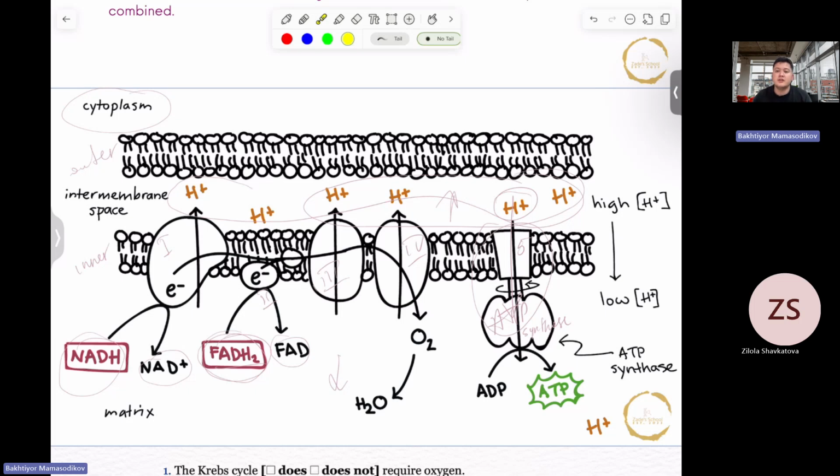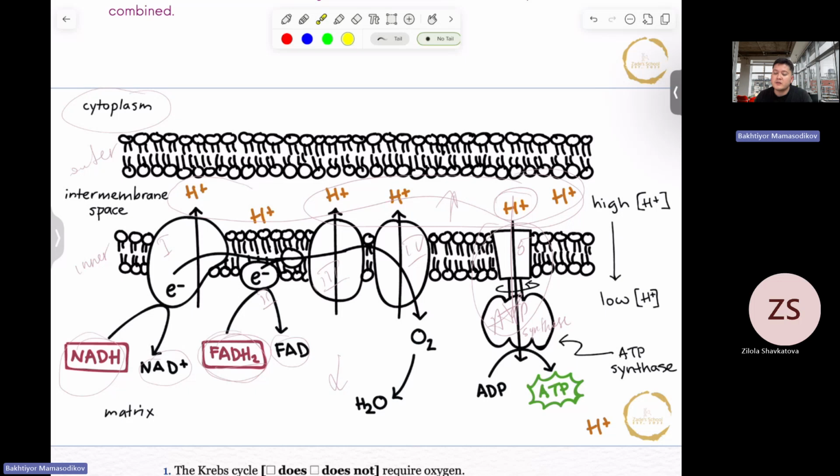And the force is that hydrogen is going to flow back inside, to the matrix. They can only cross through ATP synthase. There is no other way. It's a large spinning machine. As hydrogen flows in, it spins and creates ATP.